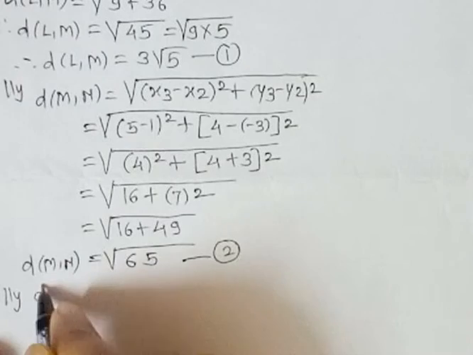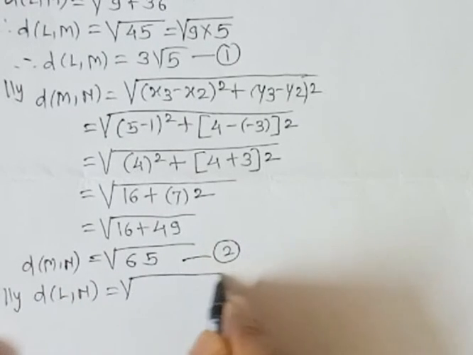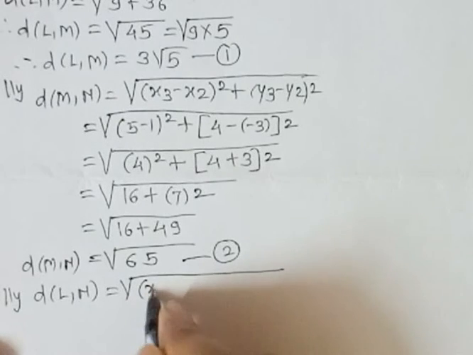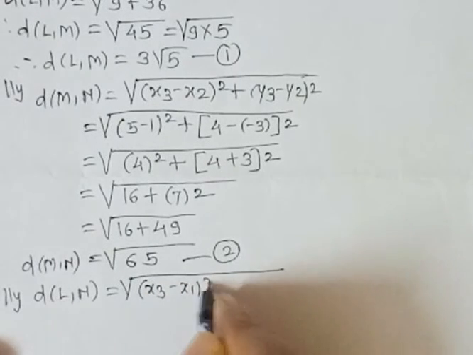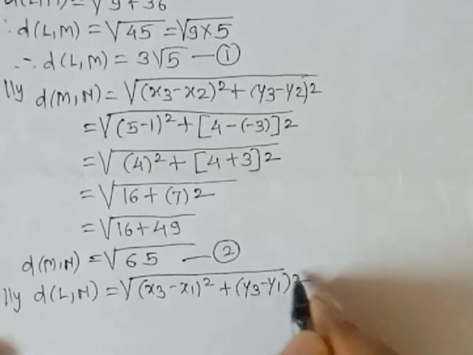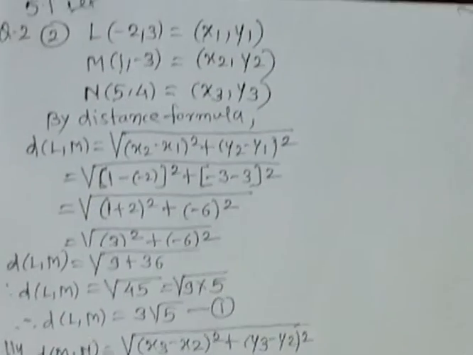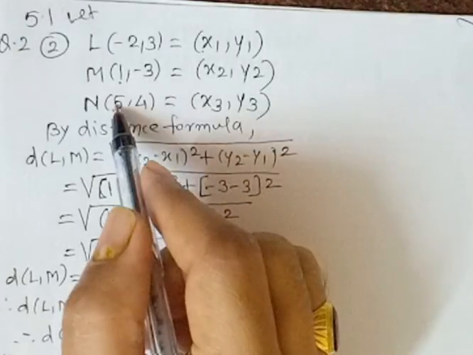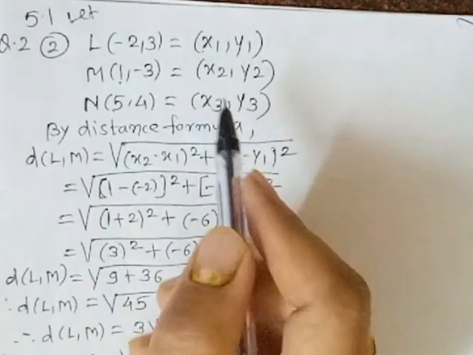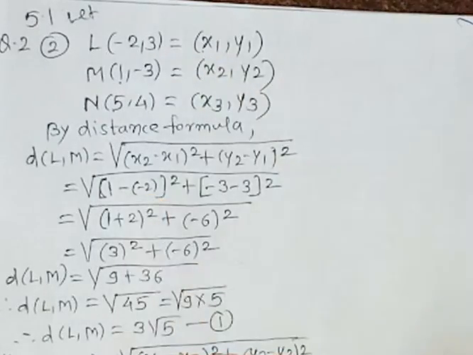Similarly, distance LN is equal to under root (x3 minus x1) to the whole square plus (y3 minus y1) to the whole square. Now tell me, x3 is 5 minus minus 2 to the whole square plus y3 is 4 minus 3 to the whole square.